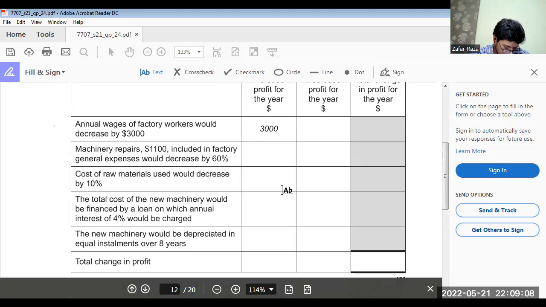Now, machinery repairs of 1,100 included in factory general expenses will decrease by 60%.